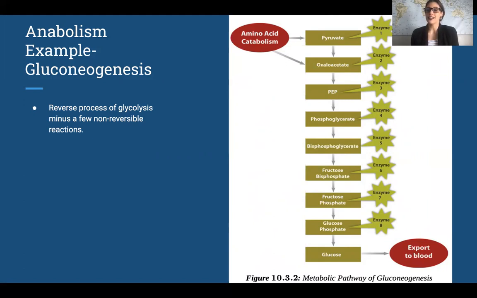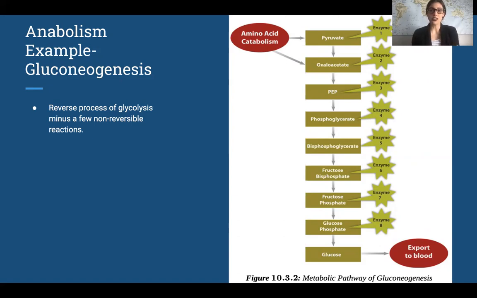Remember that since this is an anabolic reaction, we are going to need to use ATP. So that's another difference between glycolysis and gluconeogenesis. In glycolysis, our end product is going to be ATP, whereas gluconeogenesis is going to be consuming ATP in order to create this new molecule.